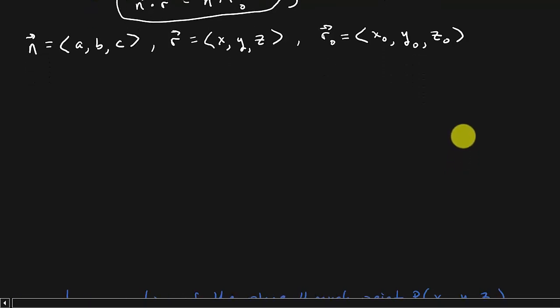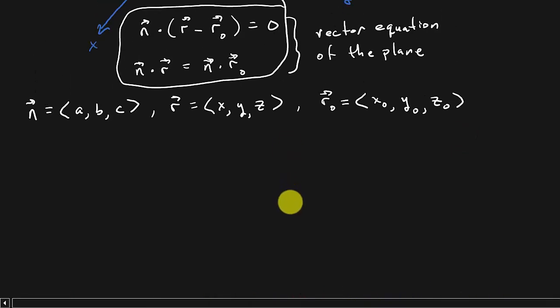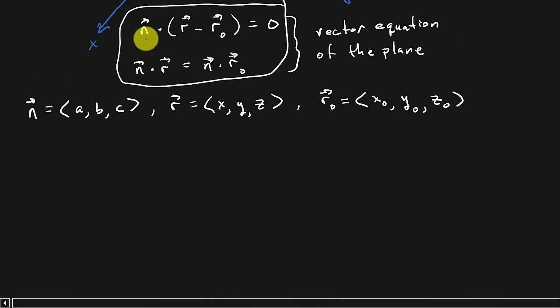So what do we have up here? The dot product of N and vector R minus vector R0.